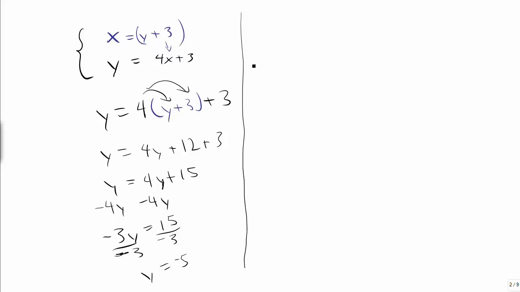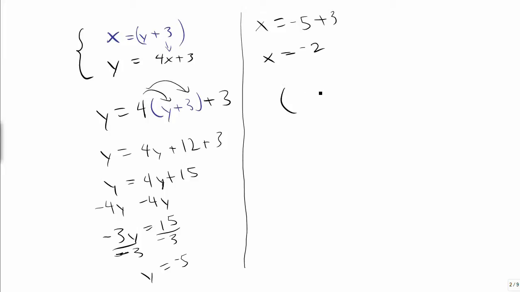I also want to figure out what x is. So I can take this number for y and put it into either one of these equations. I like the top one because it says x is 3 more than y, and y is negative 5, and x is 3 more than that, so I'll add 3 to it and I get negative 2.